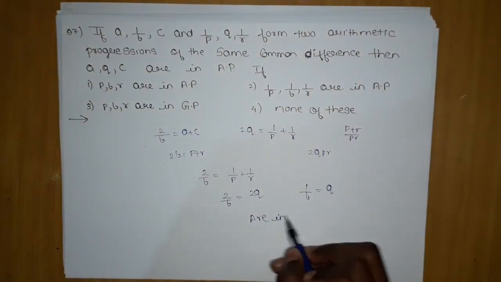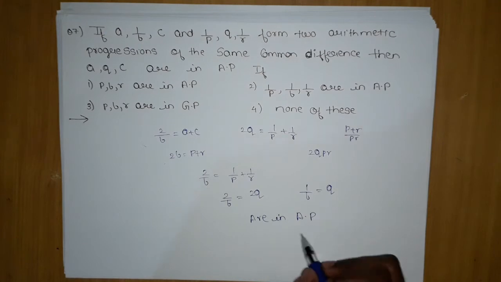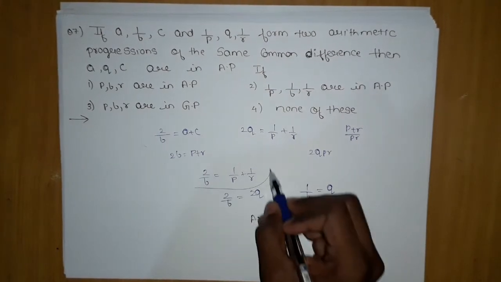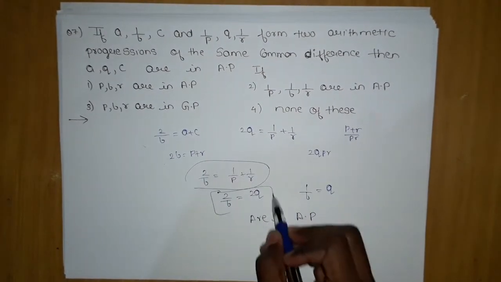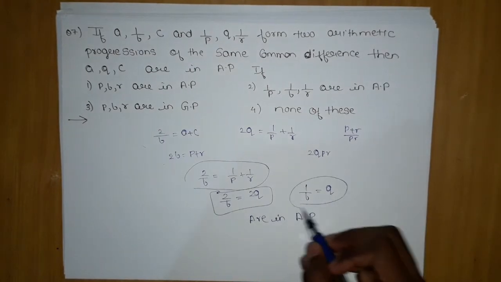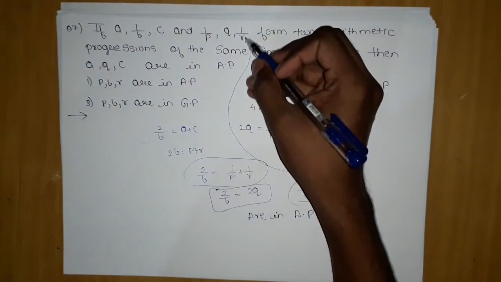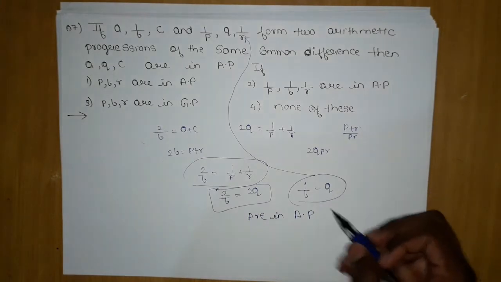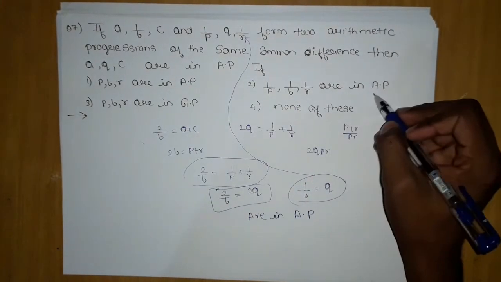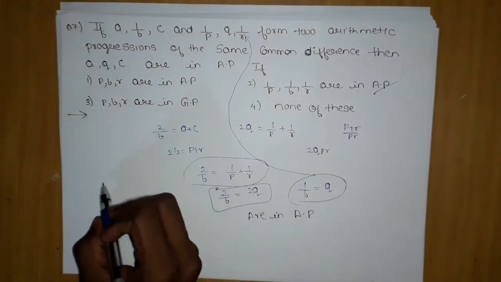Hope you have understood what I mean. From this condition, I got this, and since it is in AP, it will also be in AP with 1 by B. So this is correct. Now let's check the last one.